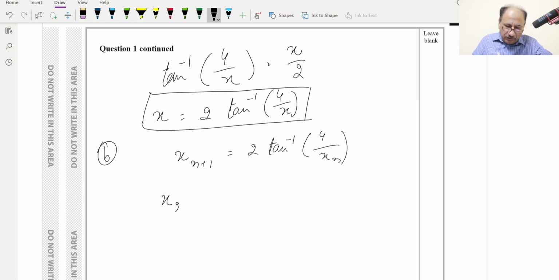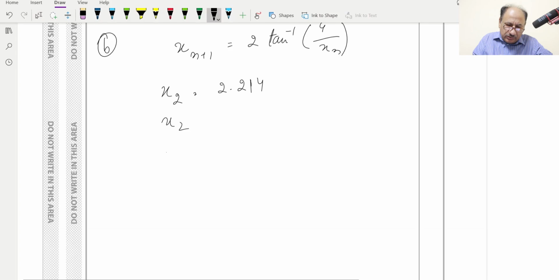So x2 value will be equal to 2.214, and similarly we need up to the x6 value. So x2, x3, x4, x5 and x6, these are the values which we are looking for.